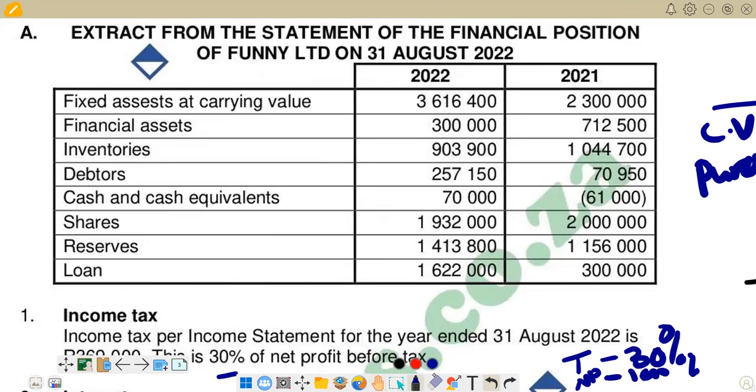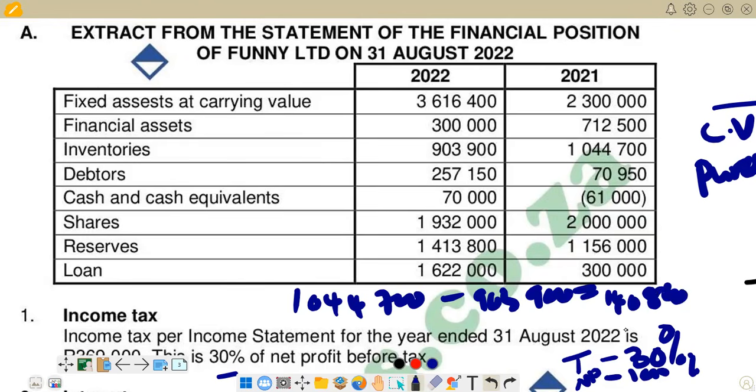Let's calculate the decrease: 1,044,700 minus 903,900. Decrease in inventory, and you get 140,800. Remember, this is a decrease, and whenever there's a decrease, we add.